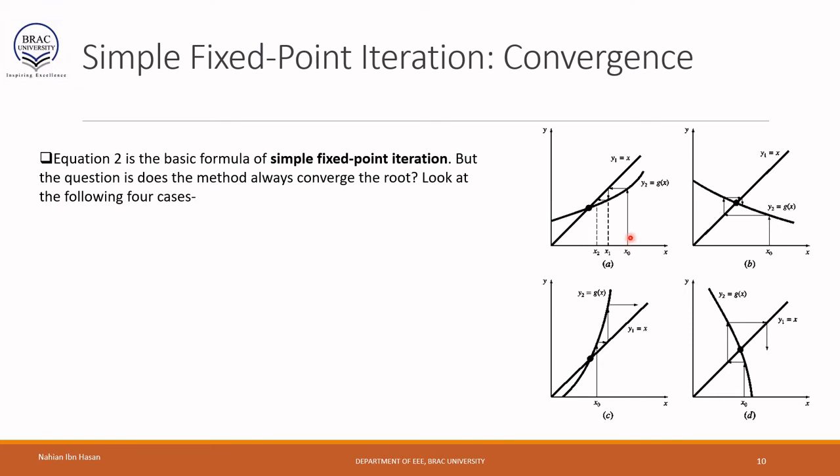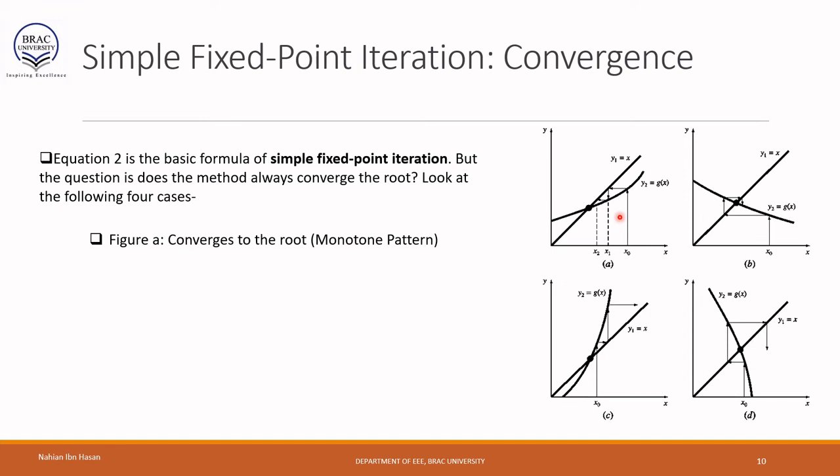So our iterations are very much converging for this special case. Whenever we initiate from x0, our iterative process converges to the original root. So for this special form of g of x, our function converges to the original root, and that's why figure A ensures our convergence.